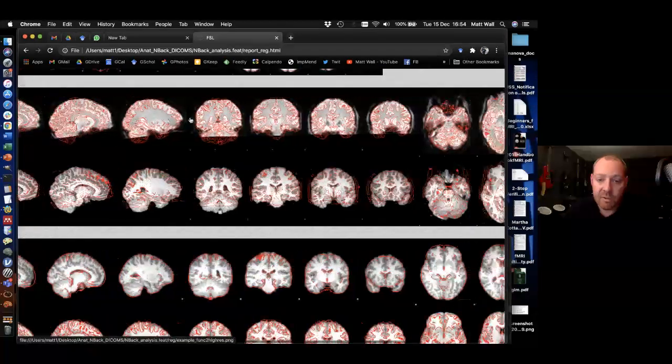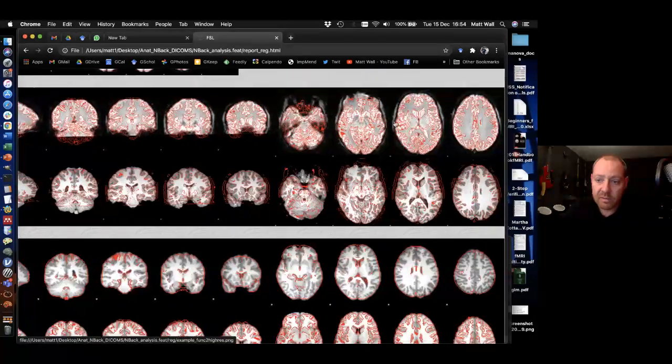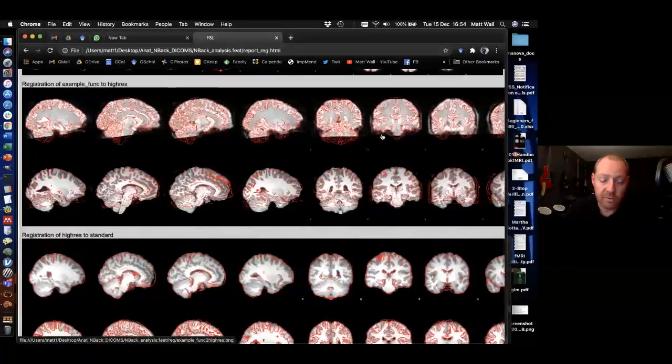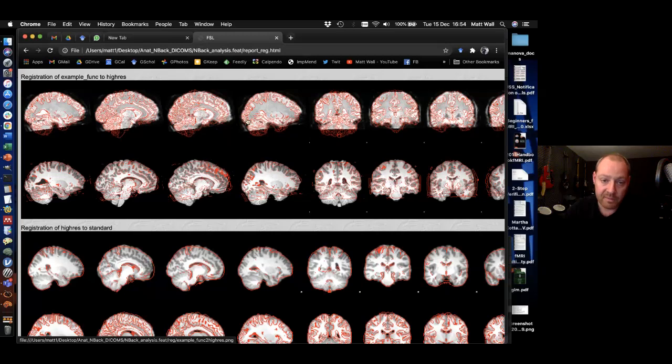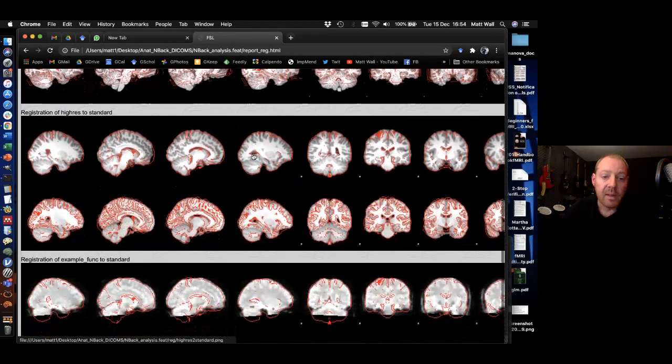And again, if we scroll across, we can see it in all kinds of different orientations. That looks good. 99% of the time this works perfectly fine because this is basically the same subject's brain. Then we're seeing the anatomical image mapped to the standard MNI template.